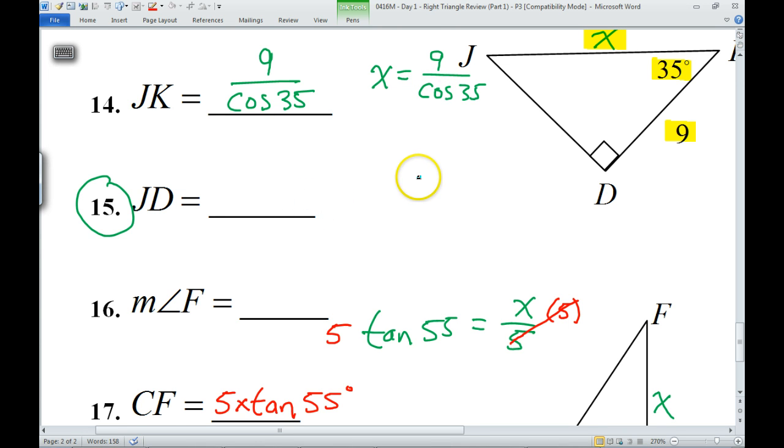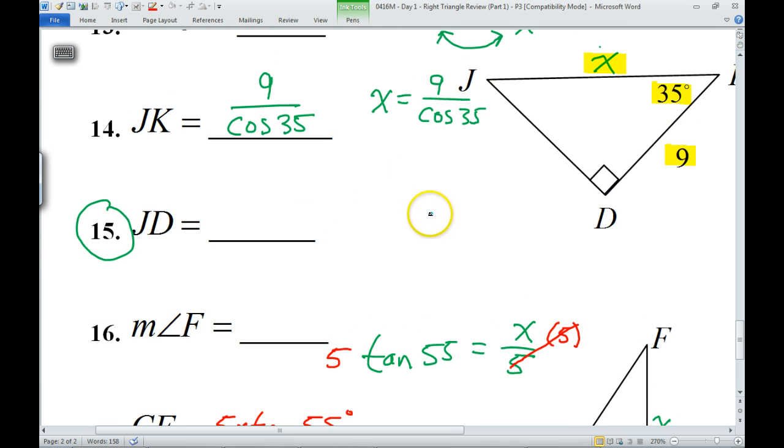Okay, JD. All right, so JD, let's call this Y. Now I've got the 35, I've got the 9, and now I've got the Y. So ignore the X for now. Looking at the 35, Y is opposite, 9 is adjacent.